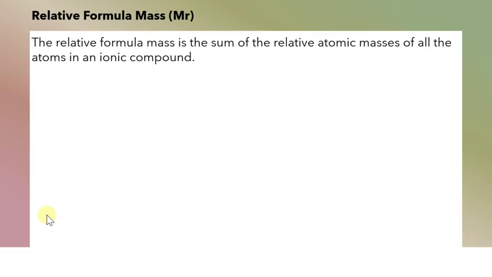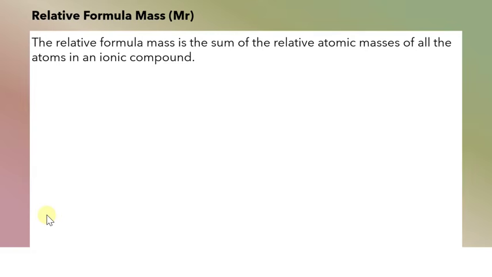So if you have an ionic compound, which can consist of 2 or more atoms or ions, then the relative formula mass is the sum of the relative atomic masses of those atoms in the ionic compound.